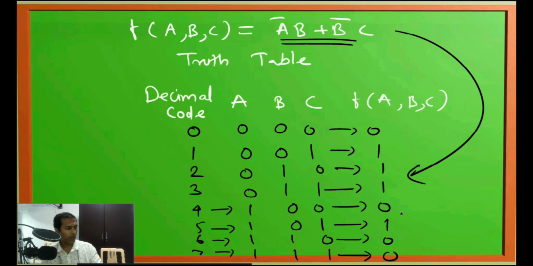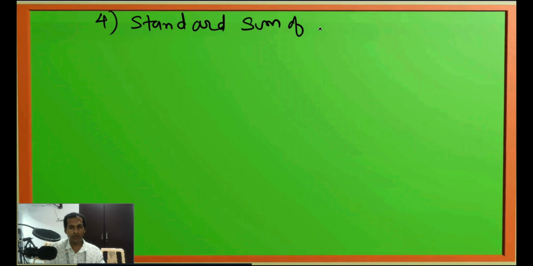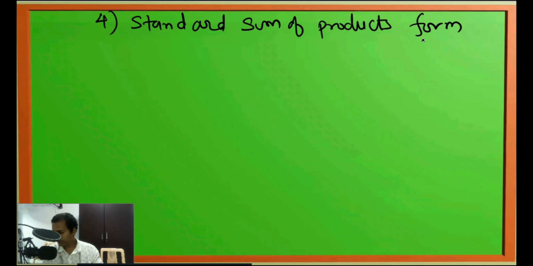Now as we have standard operating procedure, similarly the SOPs can also be presented in the form of standard sum of product form. Fourth point we have to discuss is standard sum of products form.